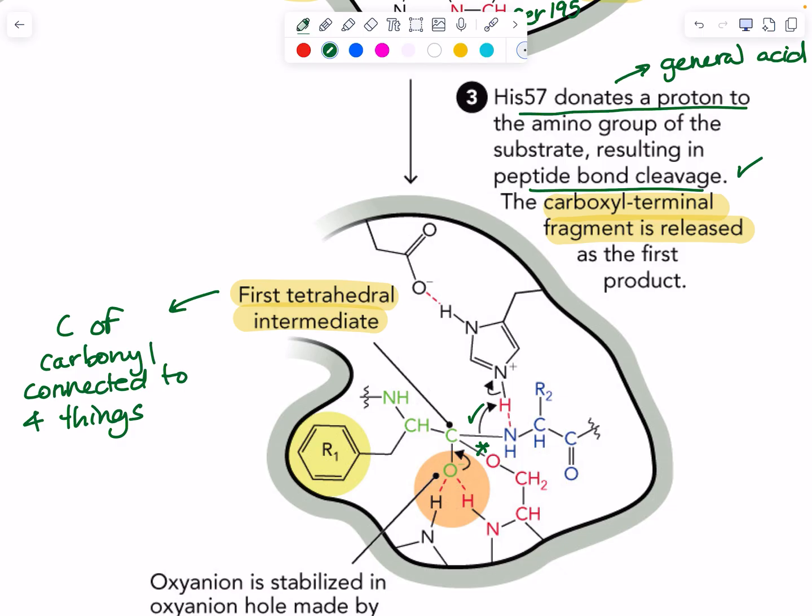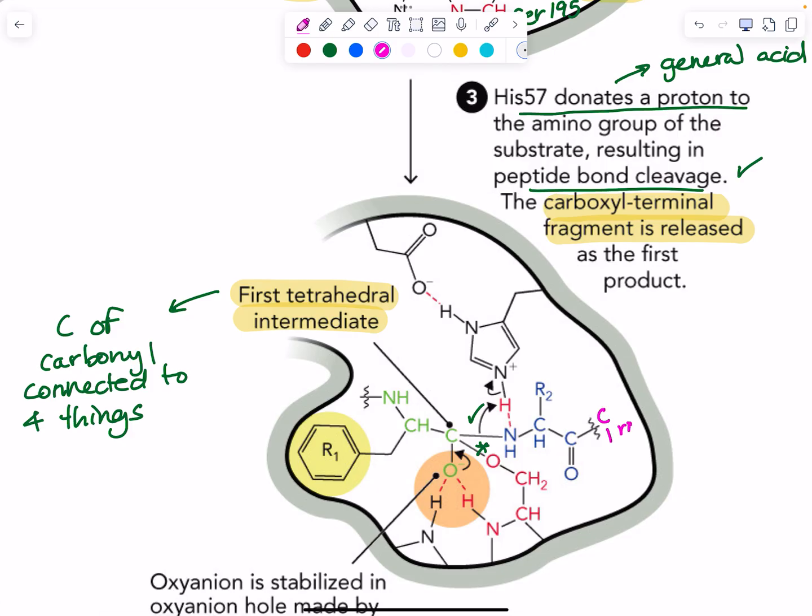So let's just talk about where the amino and carboxyl termini of the peptide that's being cleaved are. All right, so if this part right here is going to be the amino terminus of the two fragments, that means that this side over here was the carboxy terminus, right?